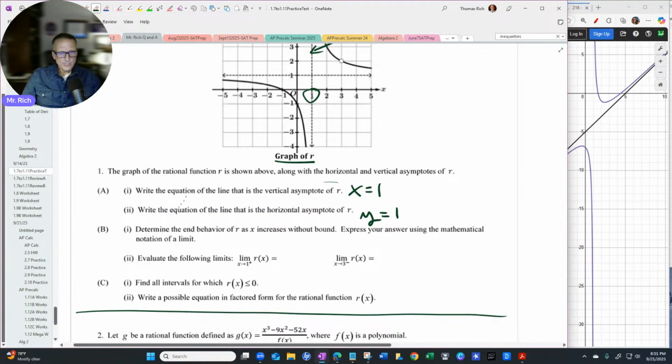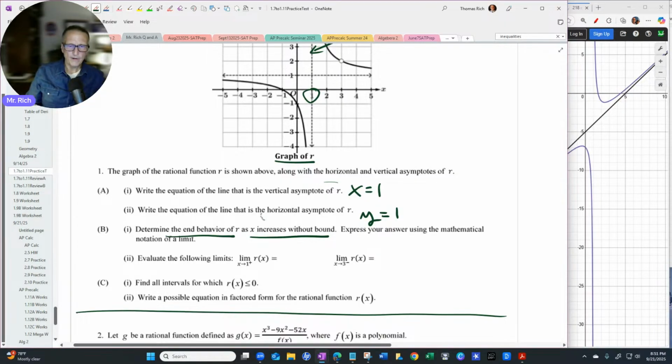Right, the next question says, determine the end behavior of function R as x increases without bound. Express your answer using the mathematical notation of a limit. All right, well, what does that mean? First of all, you have to know what this means, right? End behavior of a function is behavior of the function as it goes way out to the right or way out to the left.